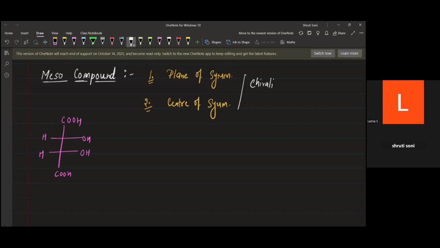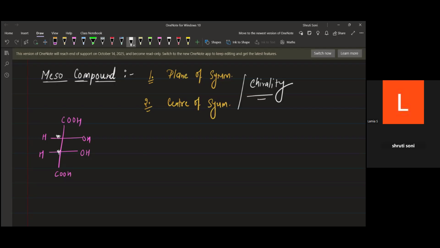Chirality means it has chiral carbons. So how many chiral carbons are in this example? Two, right? Yes, two chiral carbons. But despite the chiral carbons, this is optically inactive.